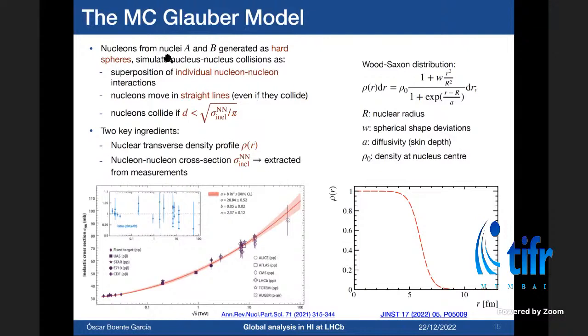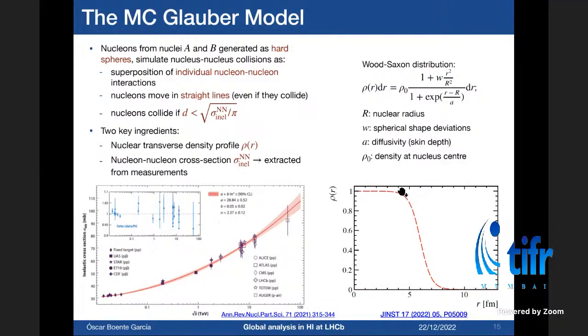So basically it's a stochastic model. We have the two nuclei made of nucleons as hard spheres, and we generate nucleus-nucleus collisions. And basically each collision we treat as a superposition of individual nucleon-nucleon interactions. These nuclei move in straight lines, and they don't deviate even if they collide, and there is a condition for collision. Basically, there are two ingredients for this model.